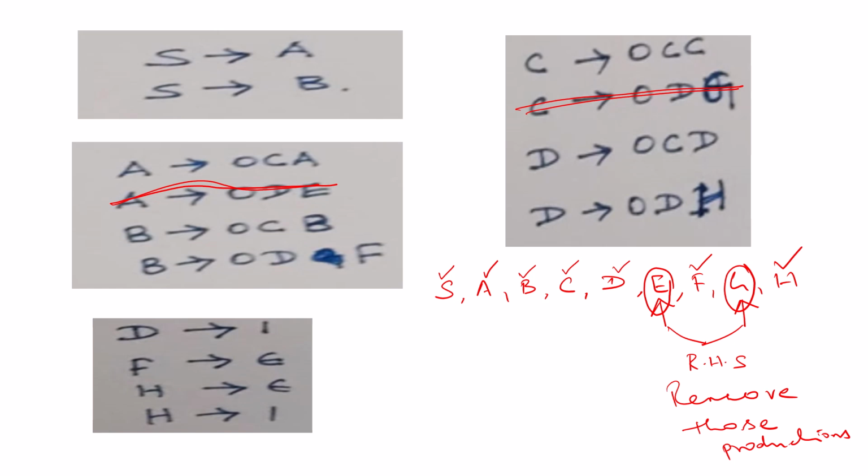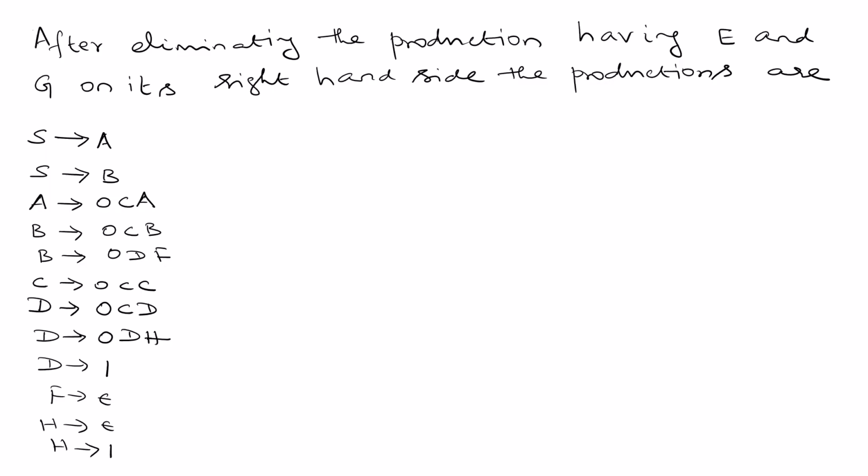So on considering the remaining productions, after eliminating the productions having E and G on the right hand side, the productions are this one, and from these productions we want to find the useless symbols or the productions that do not lead to terminal strings.